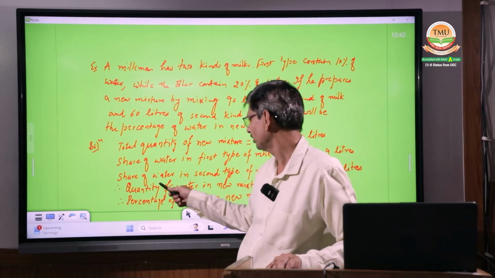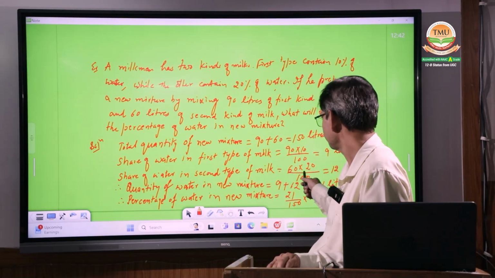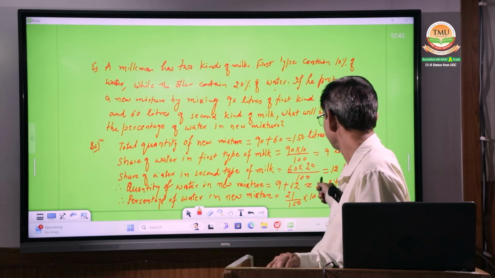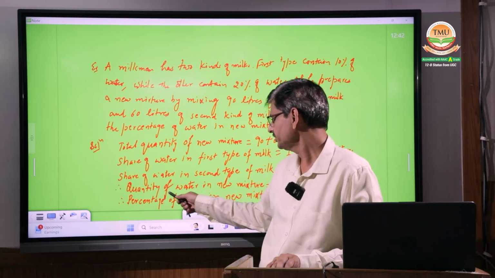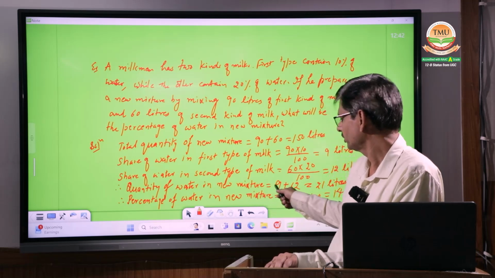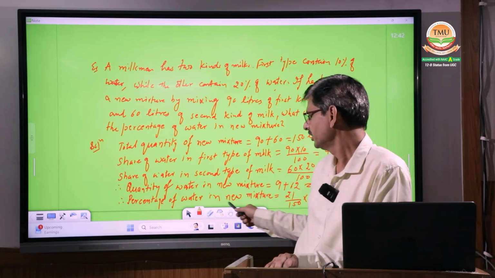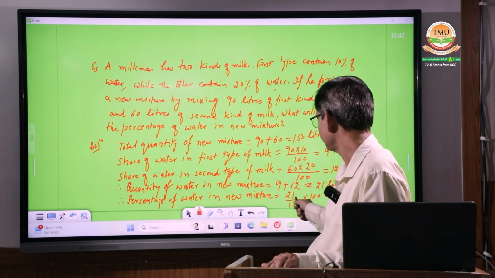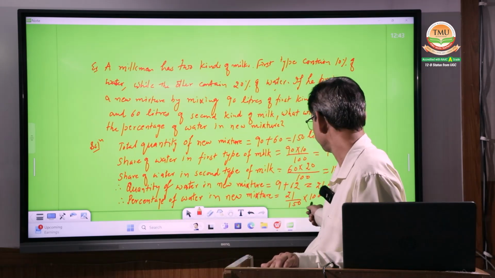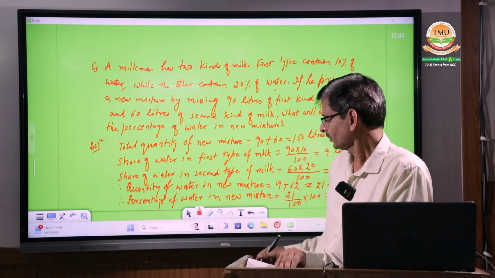And share of water in second type of milk is 60 into 20 upon 100, which will be 12 liters. Now the quantity of water in new mixture is 9 plus 12, that is 21 liters. And so the percentage of water in new mixture will be 21 upon 150 into 100. This will be 14%.